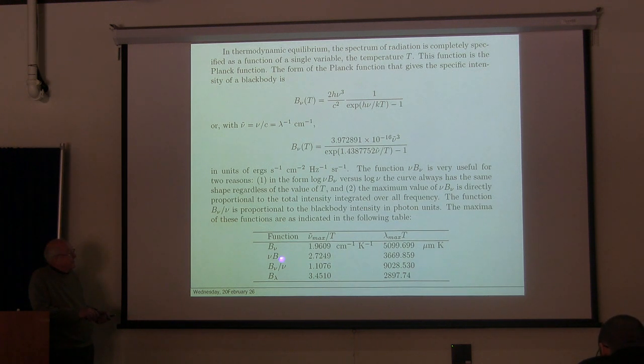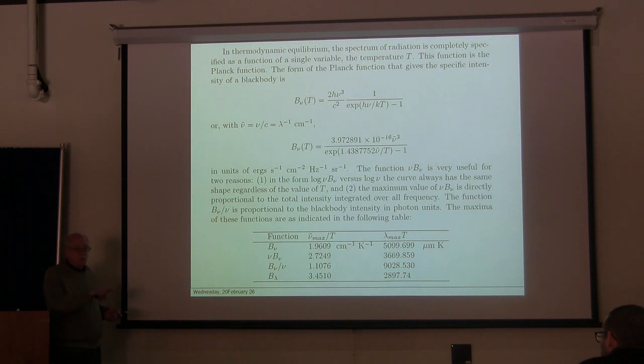And that is that if you take the function one power of frequency times the Planck function, the shape of the spectrum remains the same if you change the temperature of the black body or change the total power of the source by making it larger or smaller.